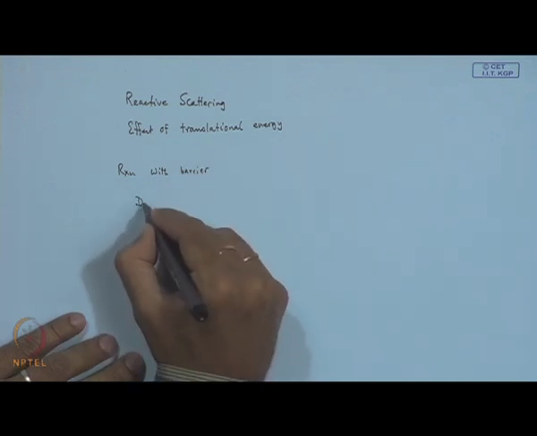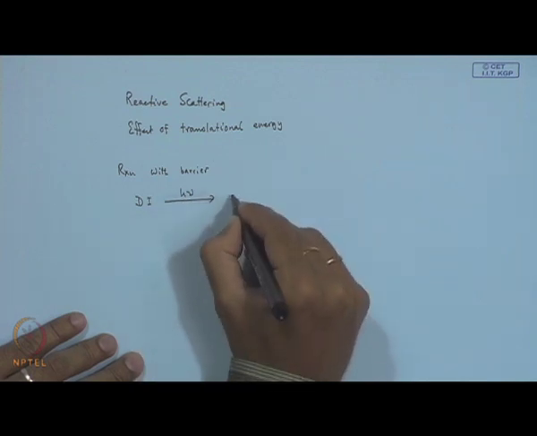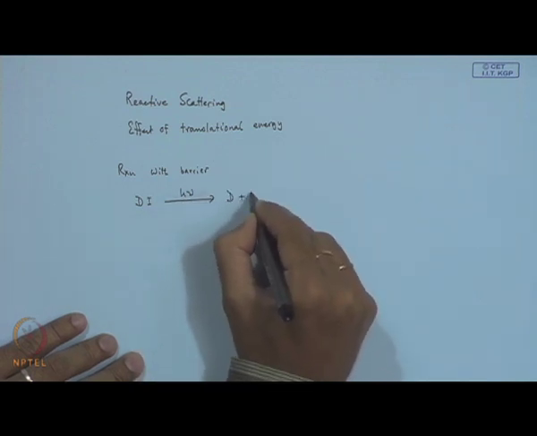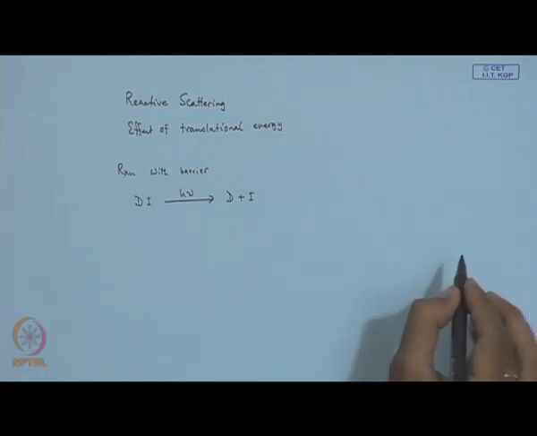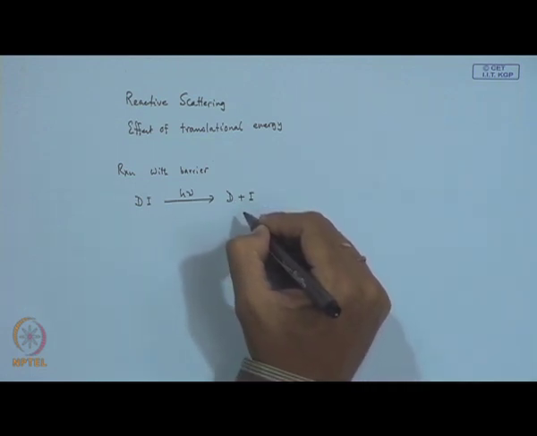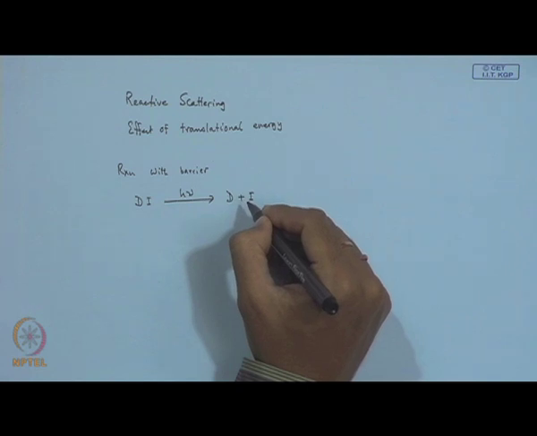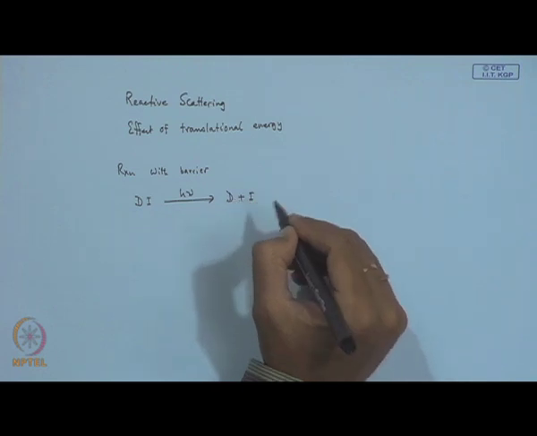So, DI plus h nu giving rise to D plus I. So, dissociation. Now, in this case, when this dissociates, the kinetic energy goes to the lighter D atom.